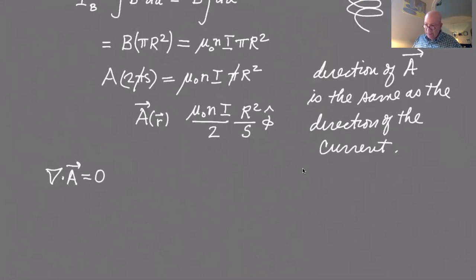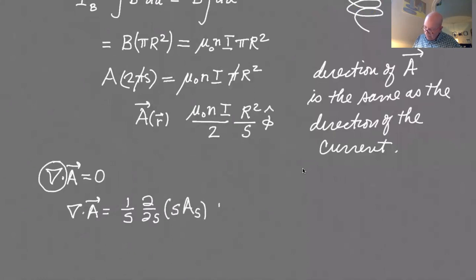And so if we look up the divergence in the front cover, then del dot A is going to be 1 over S, change with respect to S, of S A S, plus 1 over S, the change in A phi with respect to phi, plus the change in A Z with respect to Z.